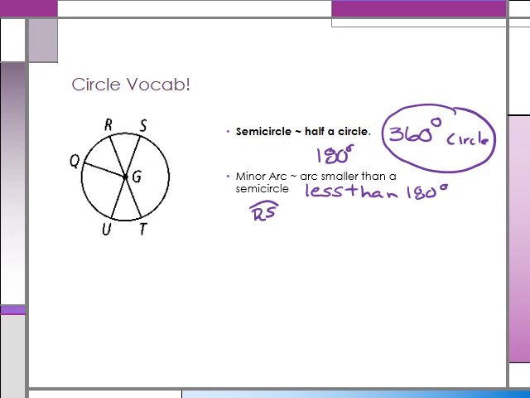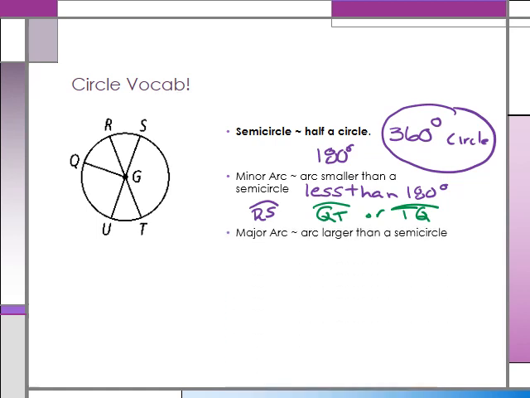Okay. If I wanted to go from here to here, okay, that would be arc QT, or you could also name it arc TQ. Those aren't different arcs, they're just arcs with their endpoints switched around. So there's lots of minor arcs on this circle.